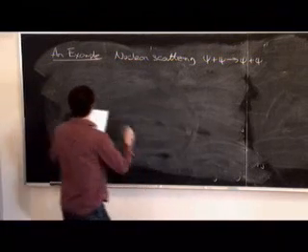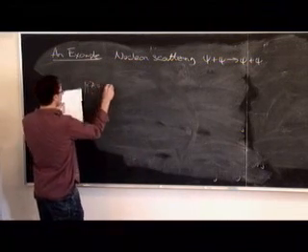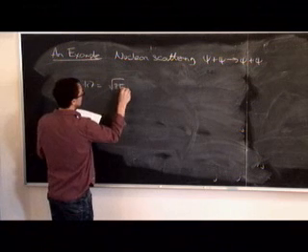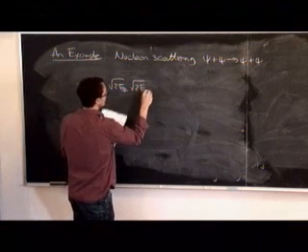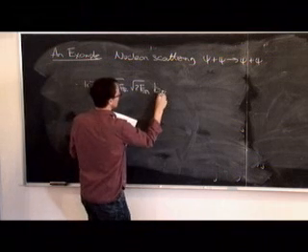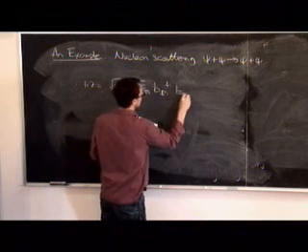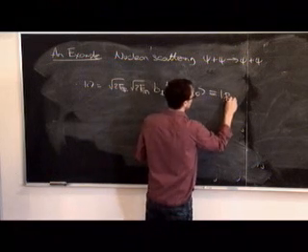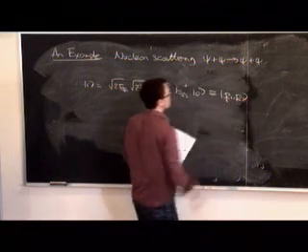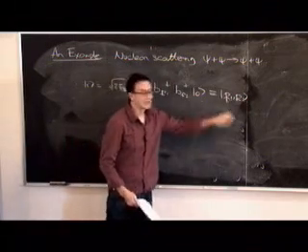Okay, so what does this mean? It means that I've got some initial state which consists of two nucleons, which I'll give momenta P1 and P2. I'm going to write my initial state in this way.